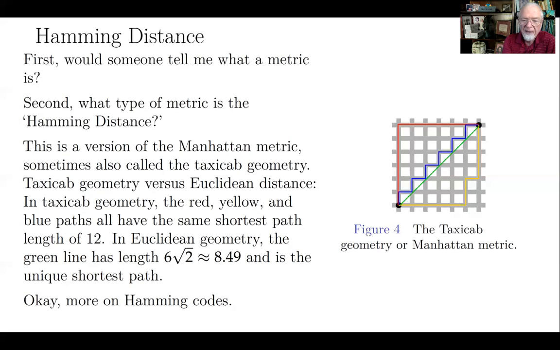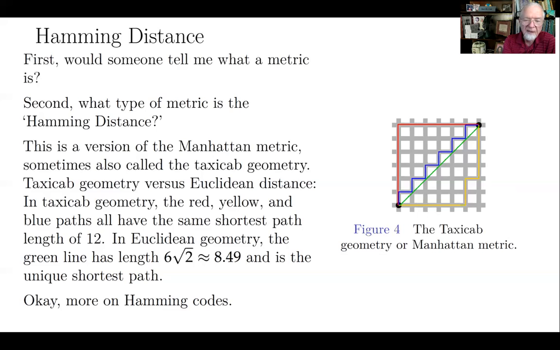So if you're in a system such as streets, where you have to go along the streets, you can't go through the buildings, especially if you're in a taxi cab, then the red, yellow, and blue paths all have the shortest length of 12.